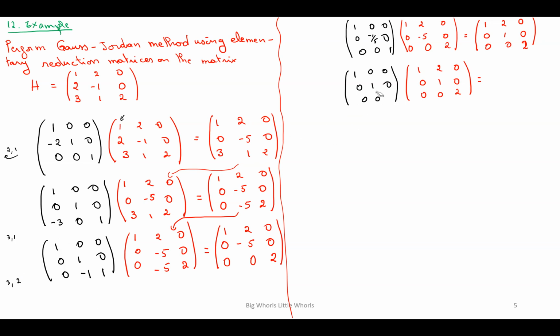Multiply this by a half. Here we have 1, 2, 0, recopying row 1, recopying row 2 as well, and dividing row 3 by a half. Sorry, so this is 1.